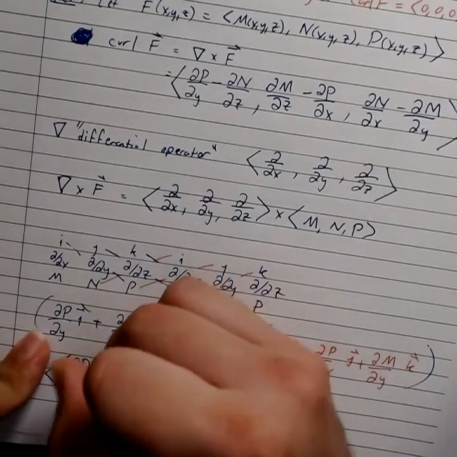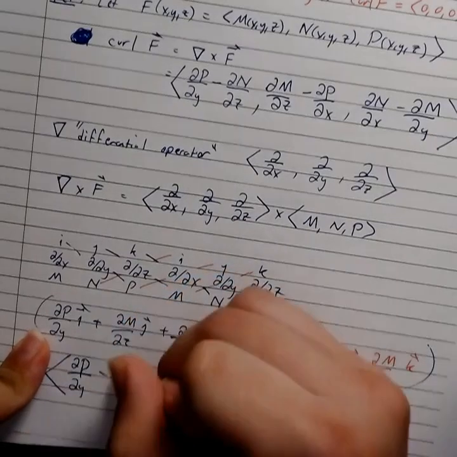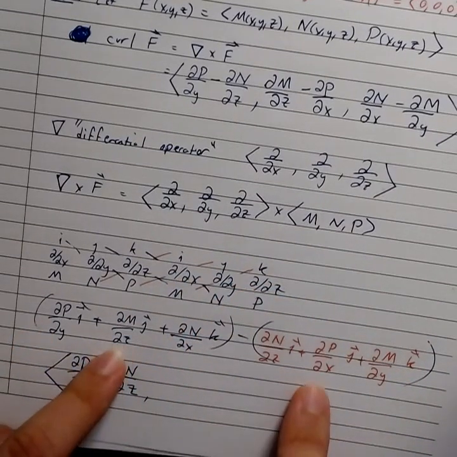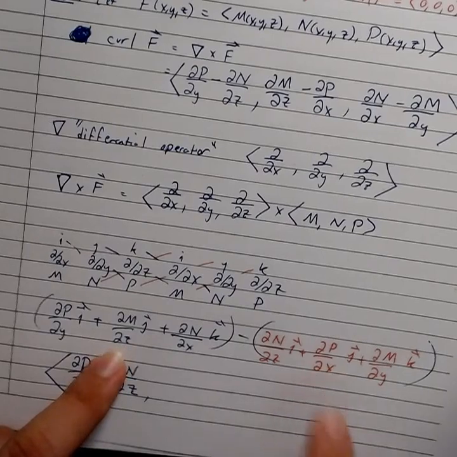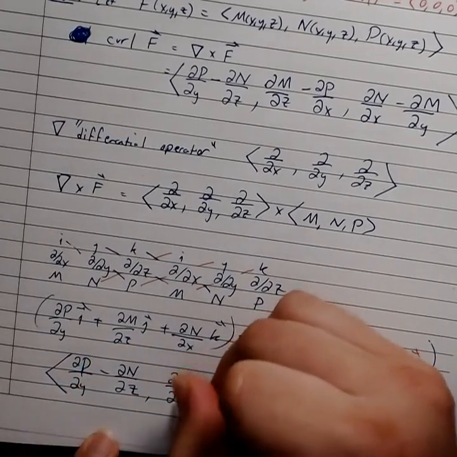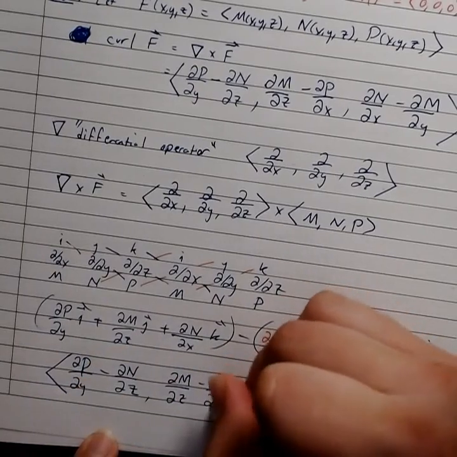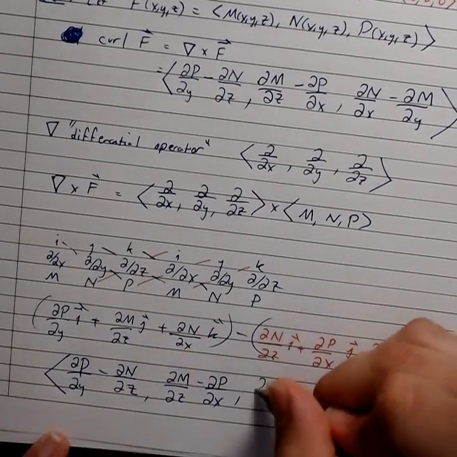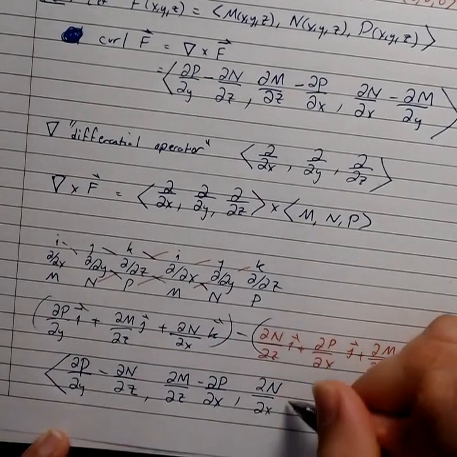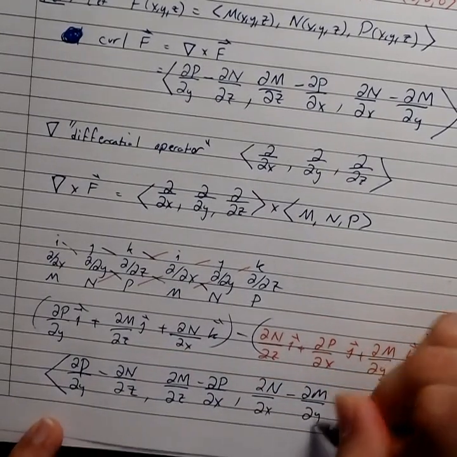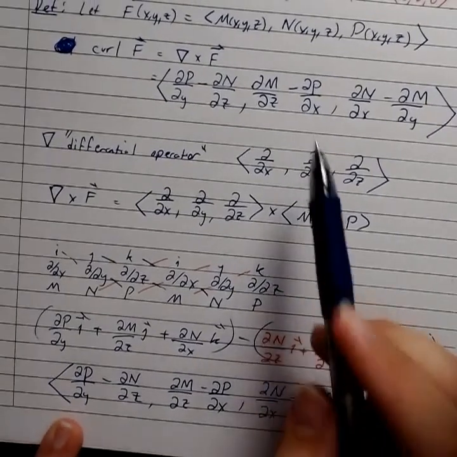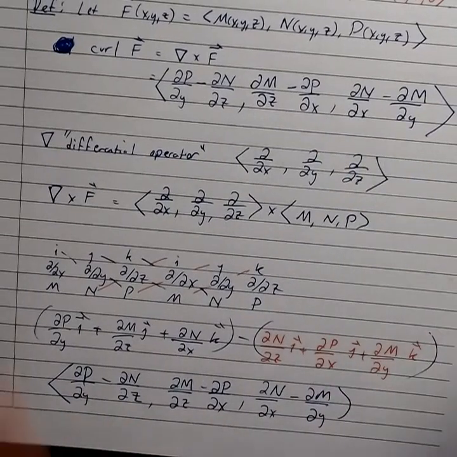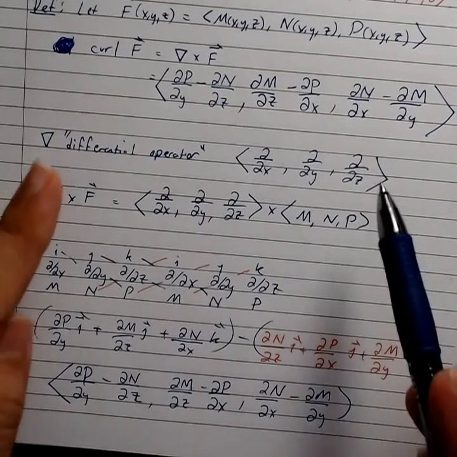So that's going to be del p del y minus del n del z, comma, that's del m del z minus del p del x, and that's going to be del n del x minus del m del y. But if you note, that's exactly what the curl is. So once again, terrible abusive notation, but it works wonderfully as a mnemonic.